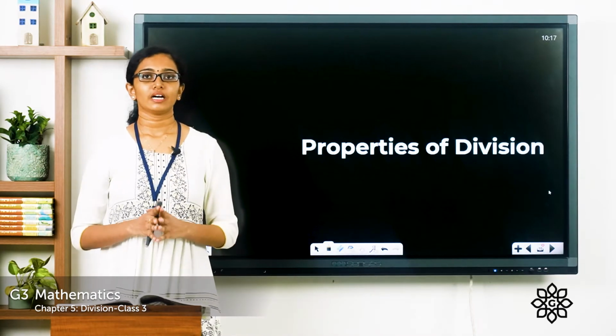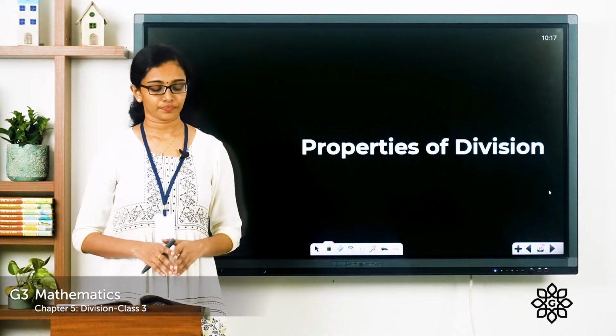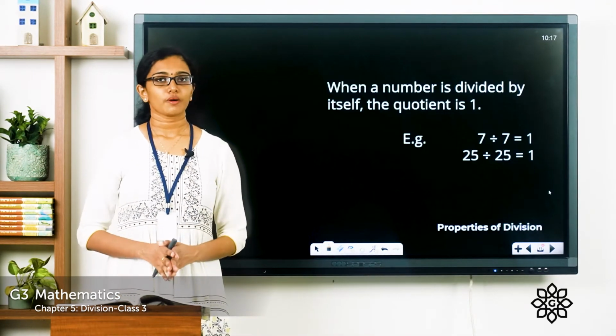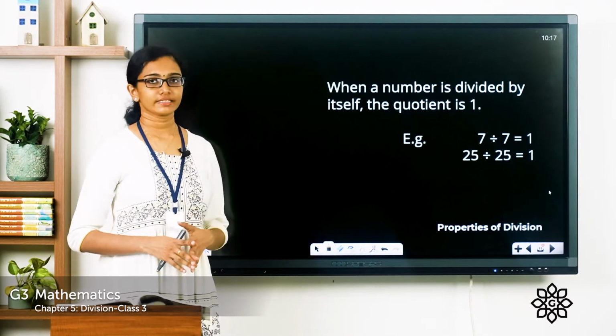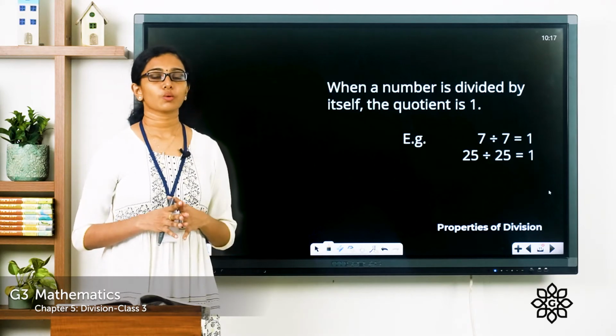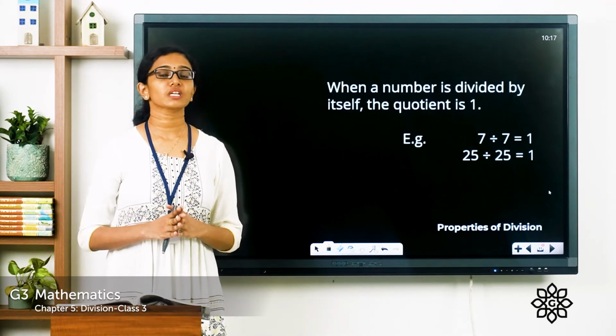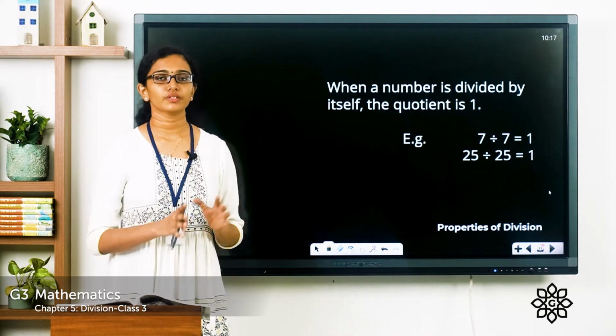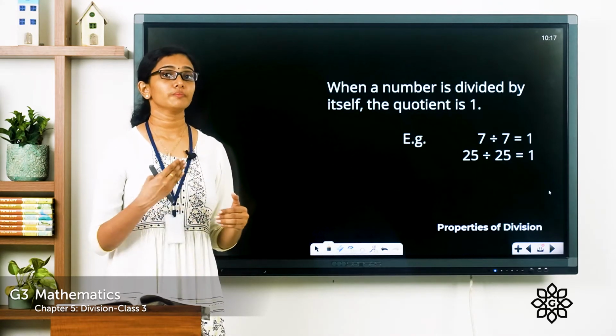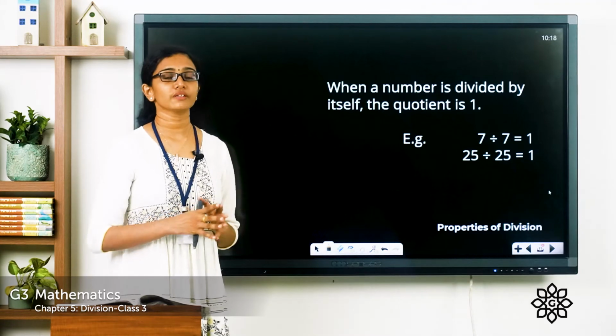Now let's learn a few properties of division. So the first property, it states that when a number is divided by itself, the quotient is 1. Suppose you have 3 flowers with you and you want to give all these 3 flowers to somebody. To how many persons can you give all these 3 flowers?